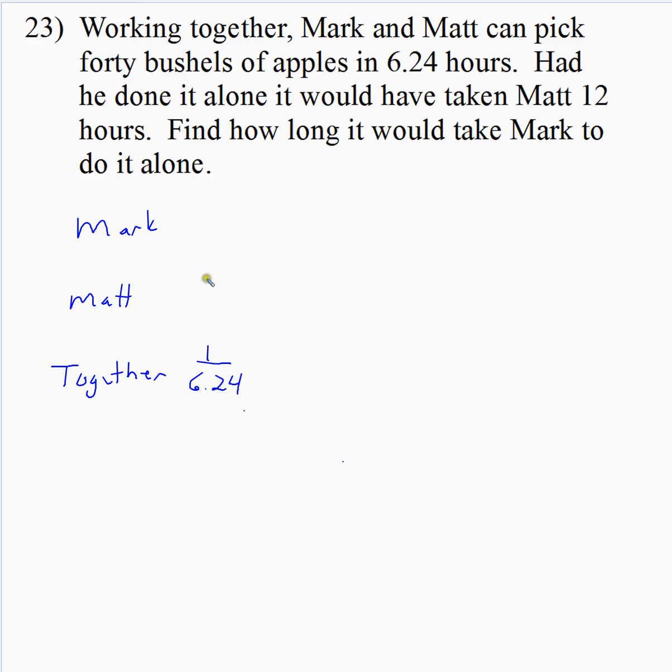Matt can do 1/12 of it, and we want to know how fast can Mark do it alone. So we're going to have 1 over x plus 1 over 12 equals 1 over 6.24. I know there's a decimal here, but our least common denominator is going to be 12 times 6.24x. And we would multiply each term by that.